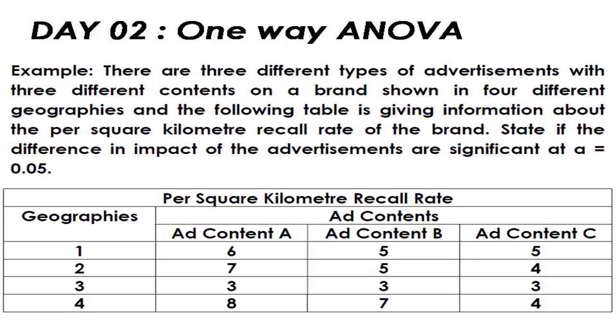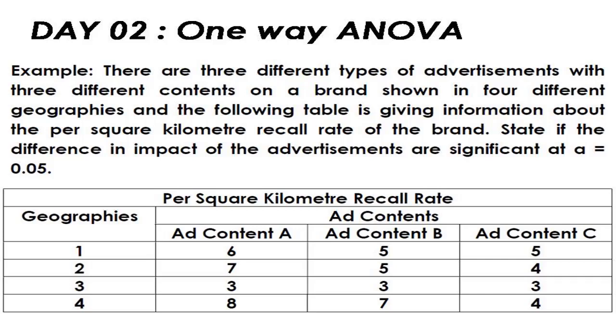In the table you can see the per square kilometer recall rate. So we have to find out whether the advertisements with these three different contents on the given brand shown in four different geographies have got a significantly different impact.